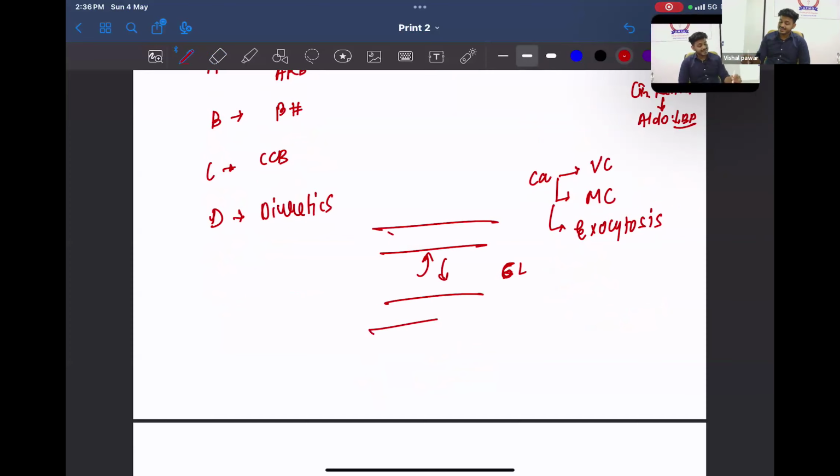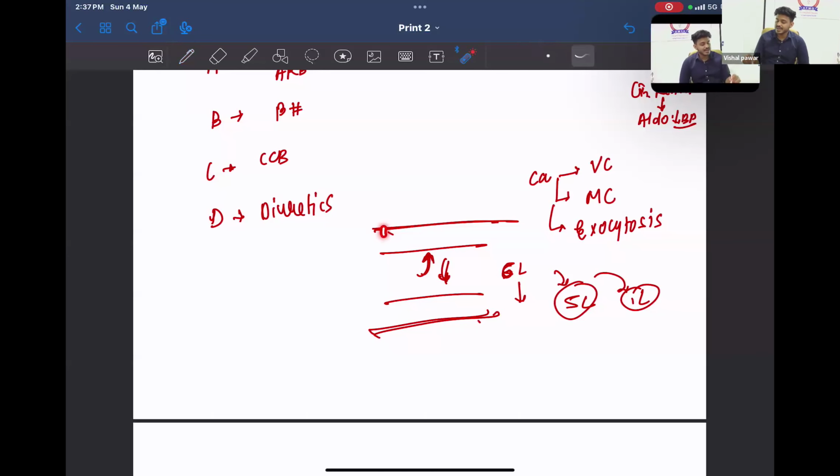Either you dilate the vessel, or you decrease the fluid. You can give vasodilators to this patient, or you can remove 1 liter of fluid. What will happen? Only 5 liters will be there, and 5 liters will exert a little less pressure. These are the two options for BP decrement: either dilate the vessel, or remove the fluid, right?